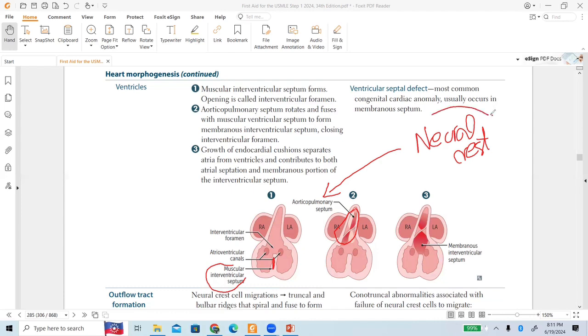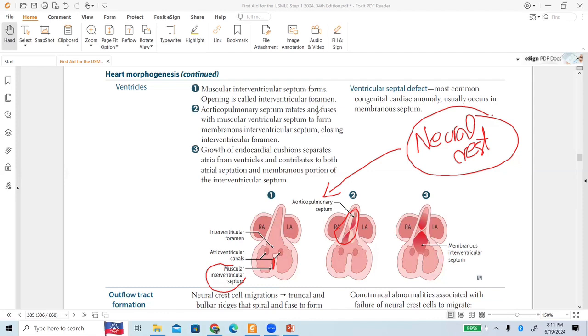So correlate this with the neural crest cells. Okay, so the aorticopulmonary septum rotates. Asma asks: if there is a defect in neural crest, there will be a defect in aorticopulmonary septum migration, and this leads to truncus arteriosus.